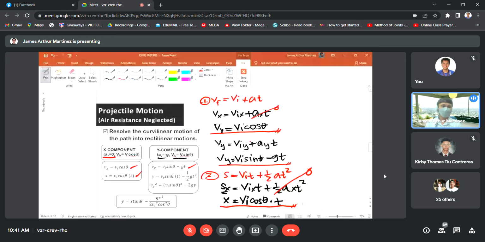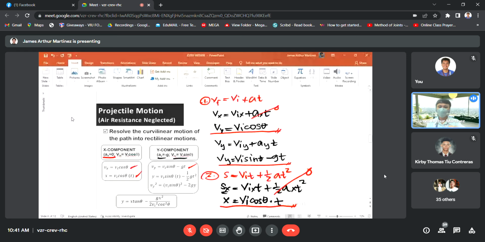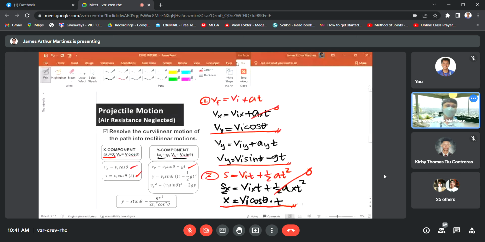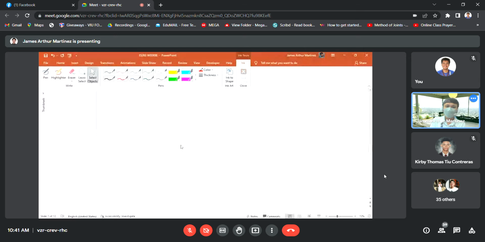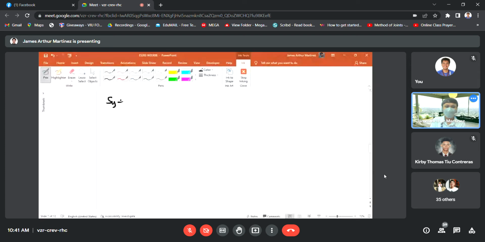Let me just add another slide para naay space. Sige. So, for the y component of your second equation of rectilinear motion with constant acceleration, so let us have this second equation. Y component, so Sy is Viyt plus 1 half Ay t squared. Sige.